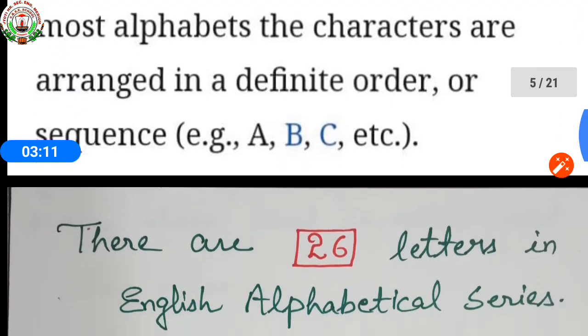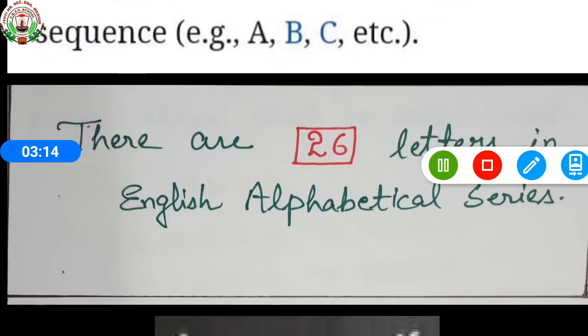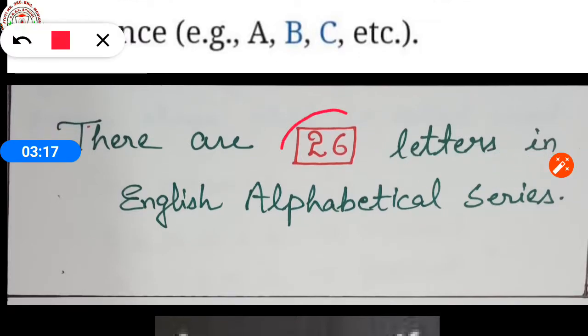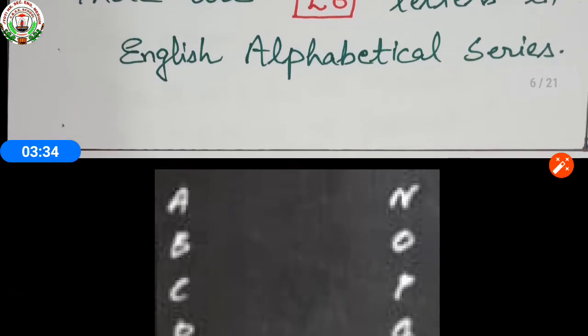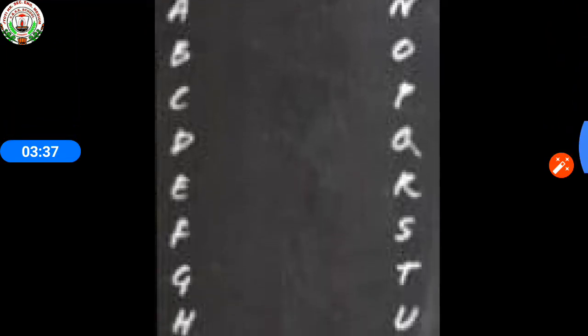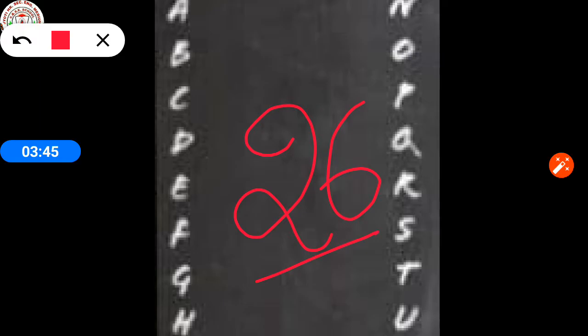So, there are 26 letters in the English alphabetical series. Yes or no? Yes. They start from A to Z, and the total number is 26.